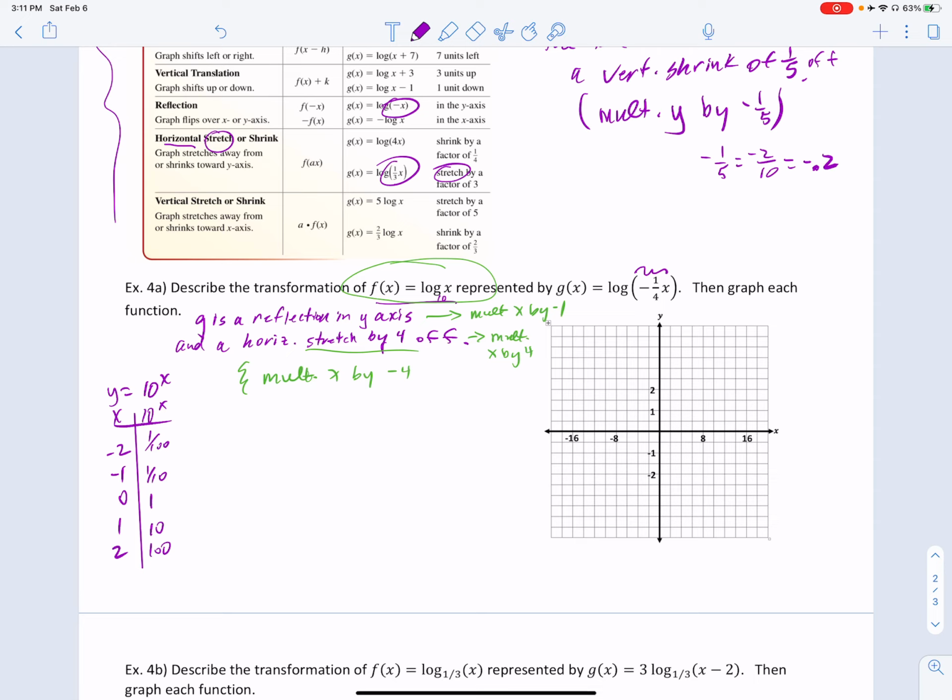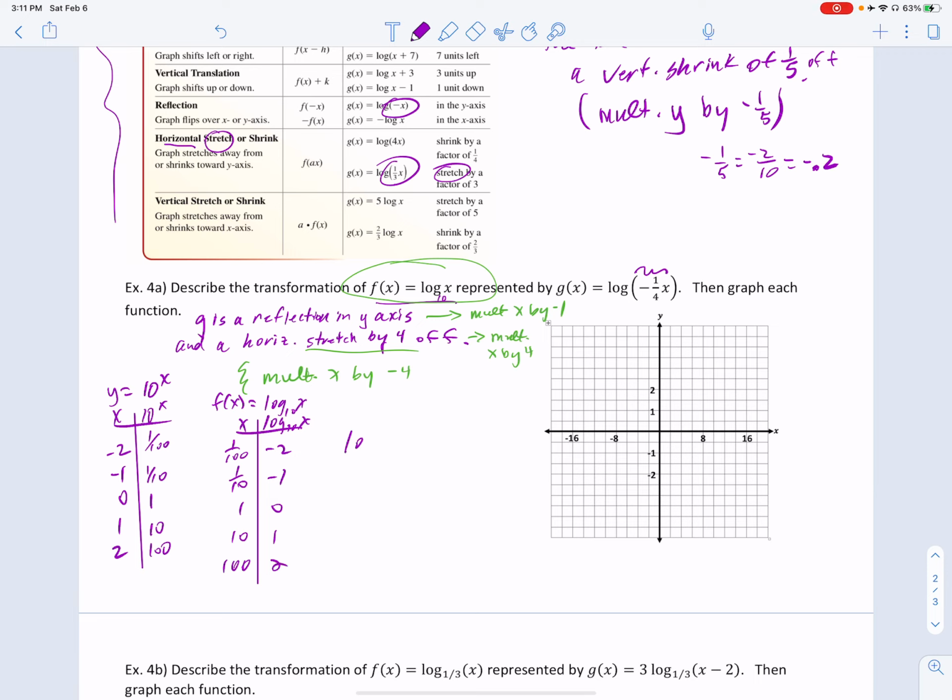And why I did that is because on the function log base 10 of x, since it's an inverse function, these points just switch. So 1/100th will be -2, 1/10th will be -1, 1 will be 0, 10 will be 1, and 100 will be 2.